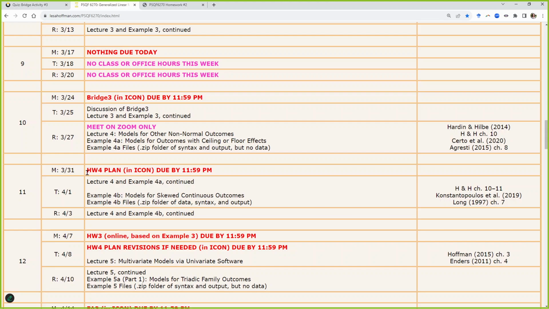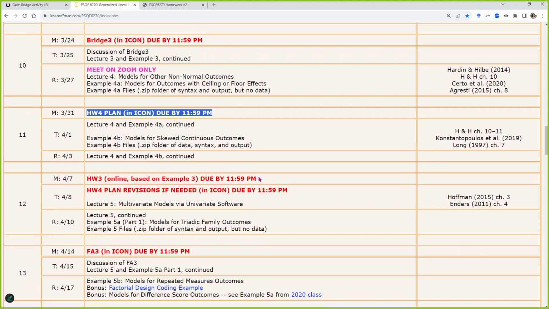So the idea of the plan document is that it's essentially an outline that I want you to complete. I will read it and try to weigh in and to guide you on what would be most useful for you to help answer your questions, and then you will execute said plan. I think we talked about this last time. I will give you a rubric as to what I'm expecting. And things like, if you do this kind of model, here's what you should be reporting. It's not a paper.